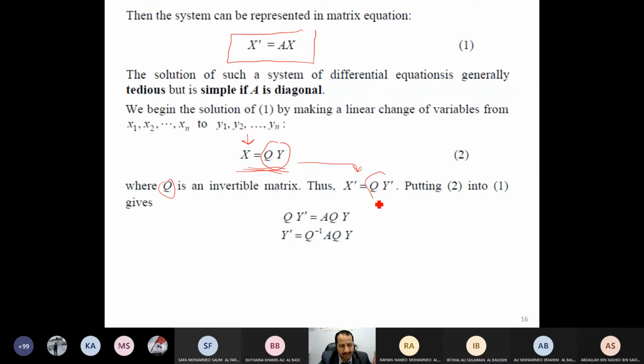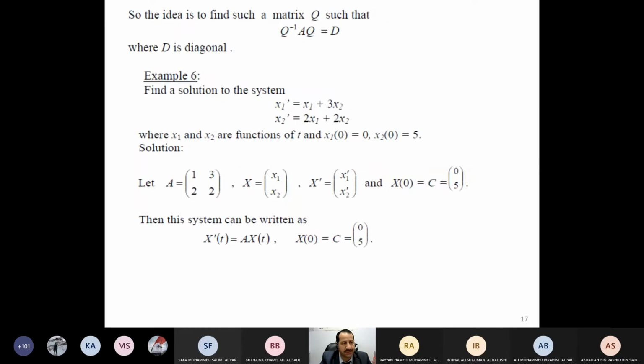Now, if I take this part and substitute it here, and then multiply both sides of the equation by Q inverse, this one would cancel with this one. What is left? Y dash equal to this part times y. Have a look at this part. It is supposed to remind you of something.